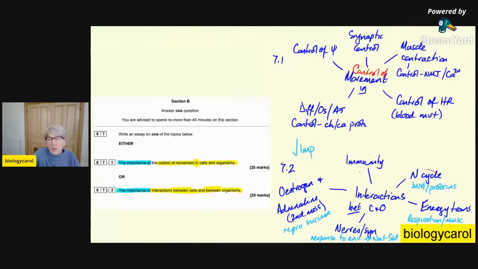And I didn't put in one for immunity, and I'm now thinking about what I did write about. I think I was going down the line of being able to resist infections, being immune to them, and therefore surviving. But notice the thing that students tend to do when they're talking about the importance. They say, oh, well, if this didn't happen, the organism wouldn't grow.